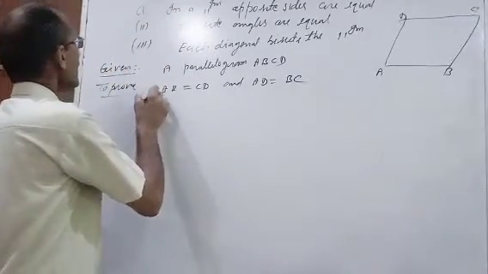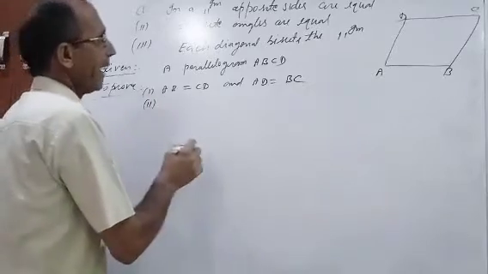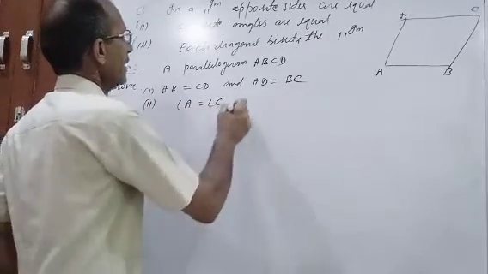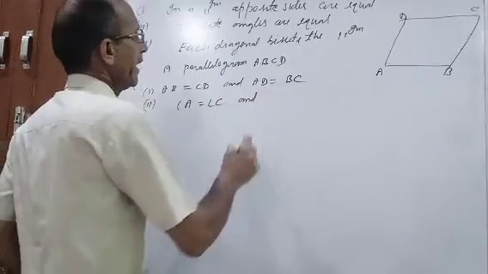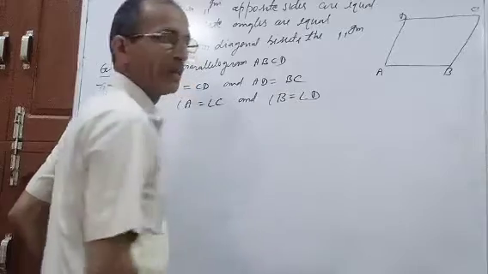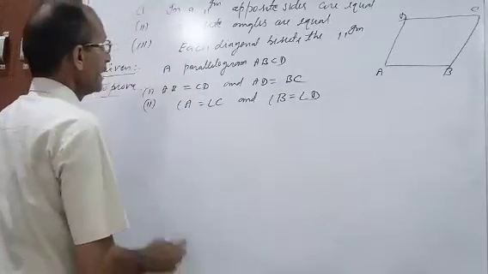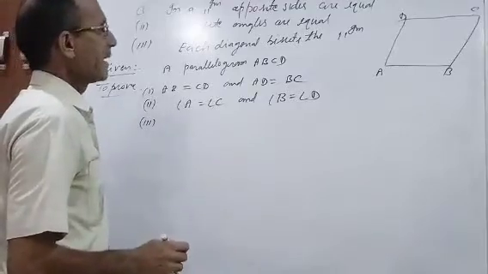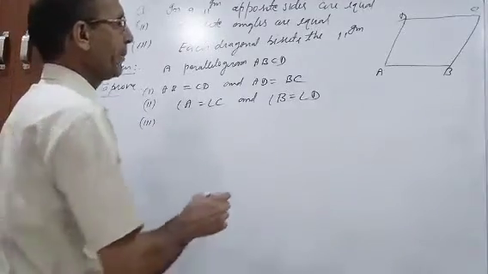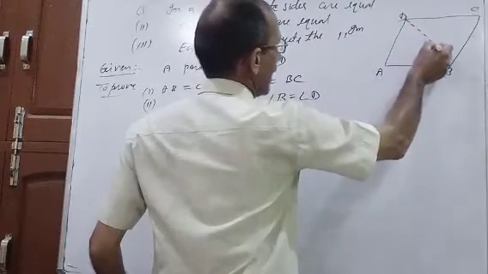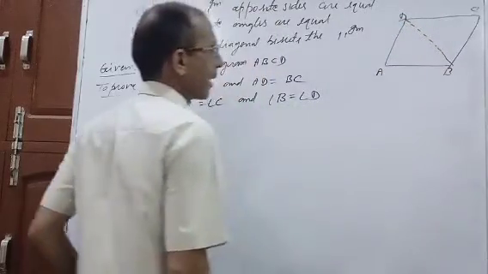Second part, angle A is equal to angle C and angle B is equal to angle D. Third part, each diagonal bisects the parallelogram. It means suppose this is the diagonal of the parallelogram.